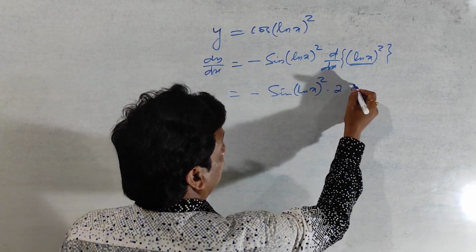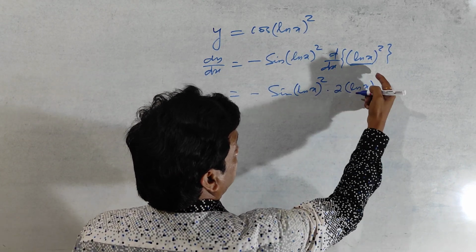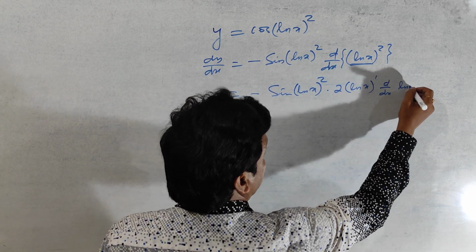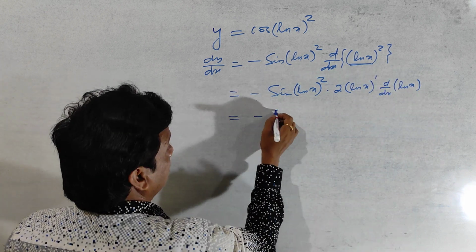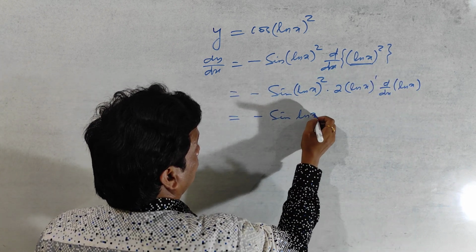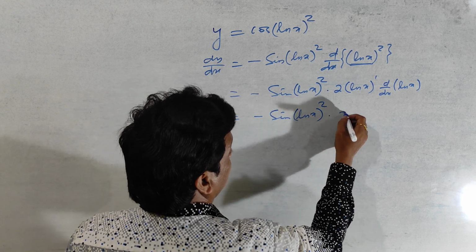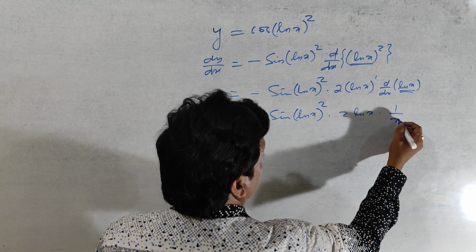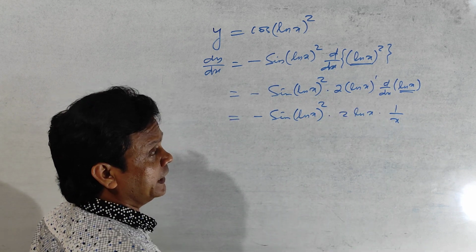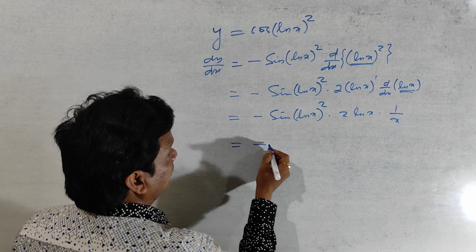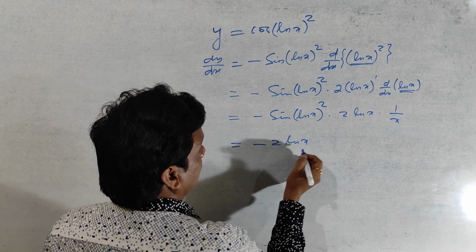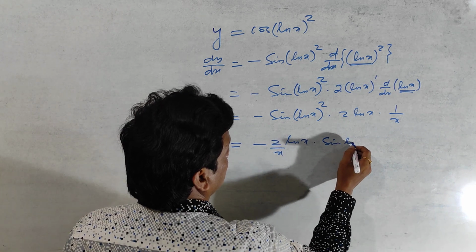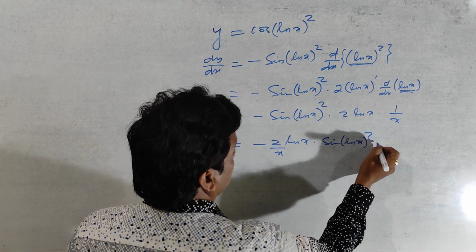So it is 2 into ln x to the power 2 minus 1, it is 1, into the derivative of u, here u is ln x, minus sin square of ln x into 2 ln x into the derivative of ln x is 1 by x. 1 by u into du by dx, 1 by x into dx by dx, it is 1. So simply write it in a systematic way, divided by x into sin of square of ln x. So this is the answer.